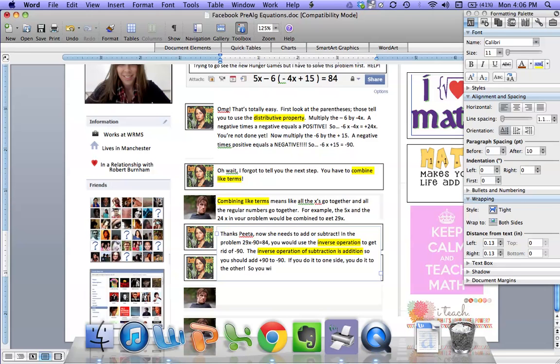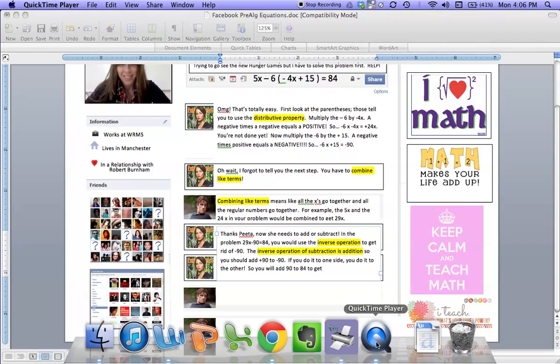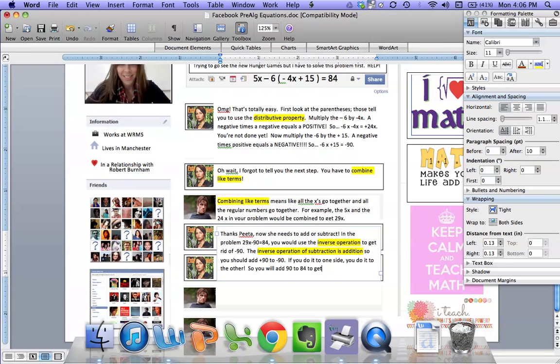So you will add 90 to 84 to get a grand total of, let me do my math real quick. 90 plus 84.